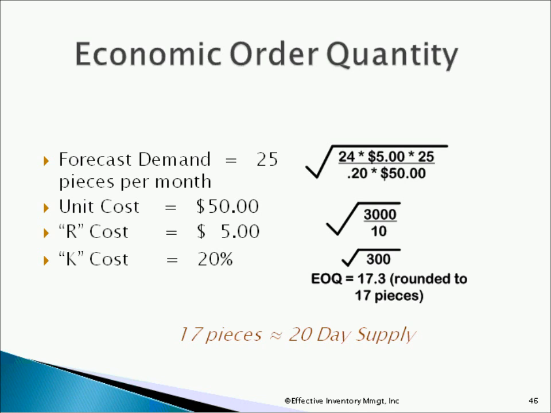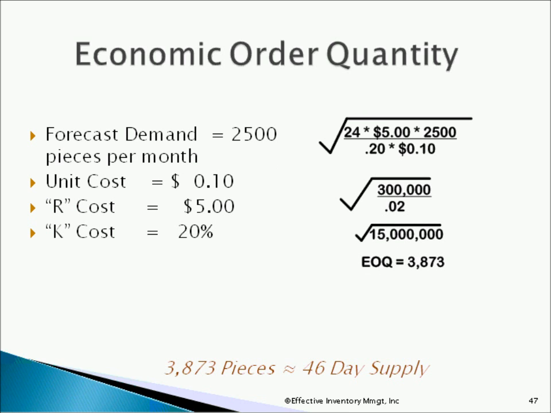That second item had a lot more money moving through inventory. 25 times 50 is $1,250 moving through inventory per month. I'm only going to buy a 20-day supply, less than half in terms of days supply. The EOQ will suggest when you have a lot of dollars moving through inventory, you buy less more often.